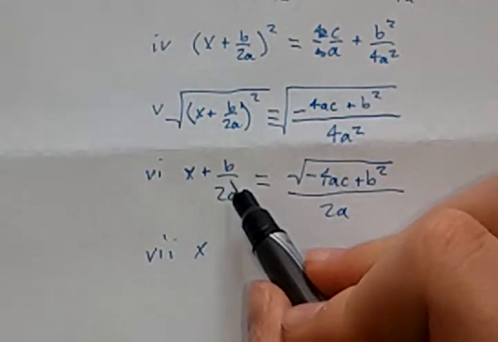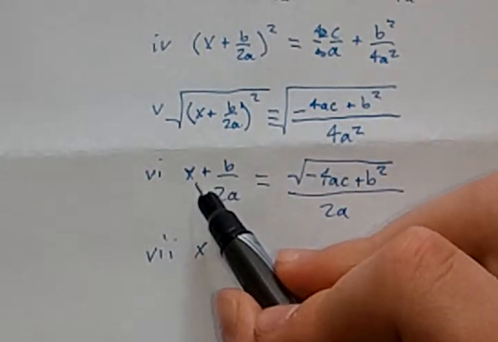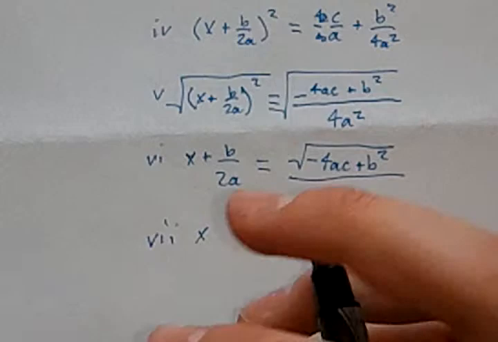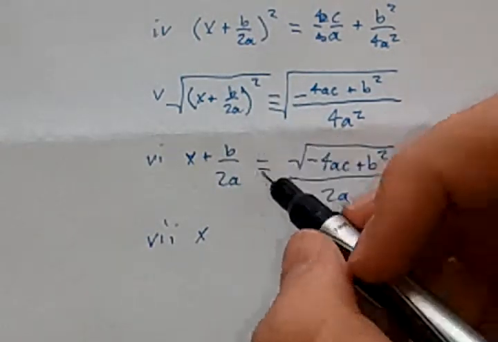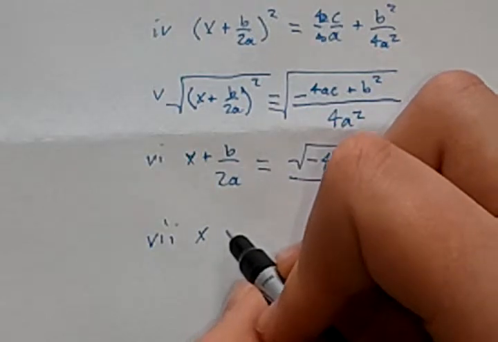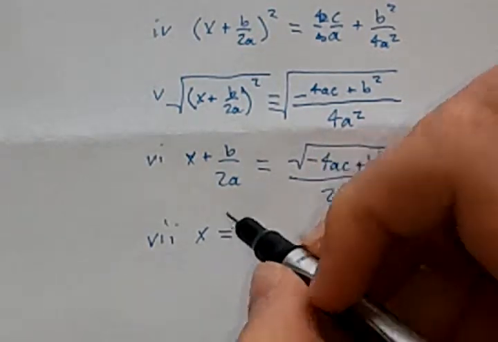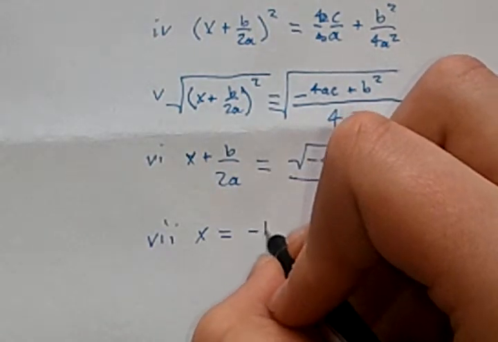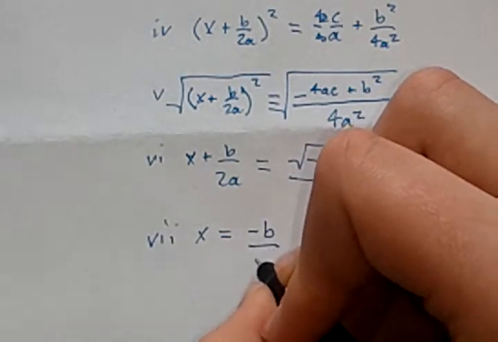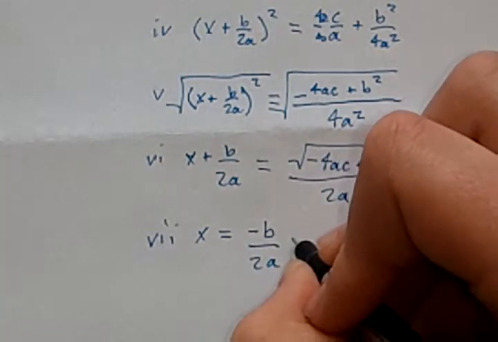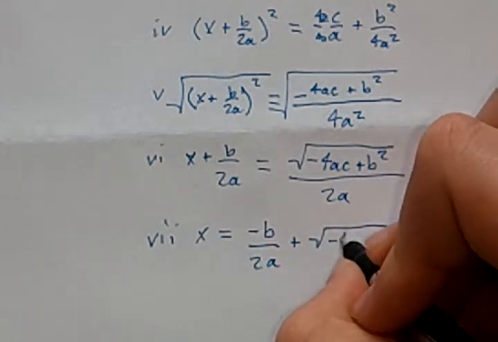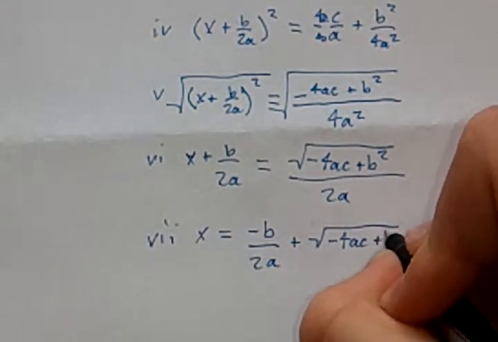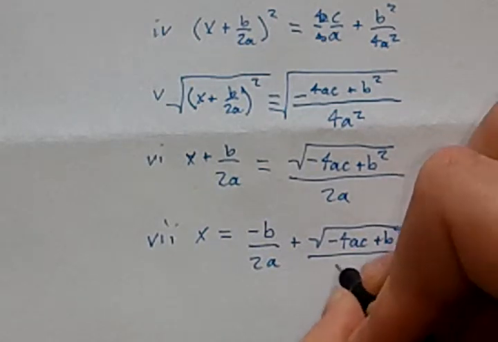Once we have that, again our goal is to isolate the x, so we're going to cancel out the b over 2a by subtracting that from both sides. So that equals negative b over 2a plus or minus the square root of negative 4ac plus b squared over 2a.